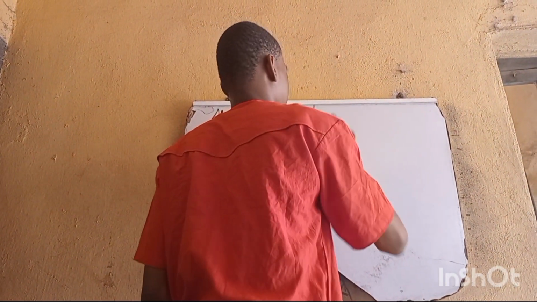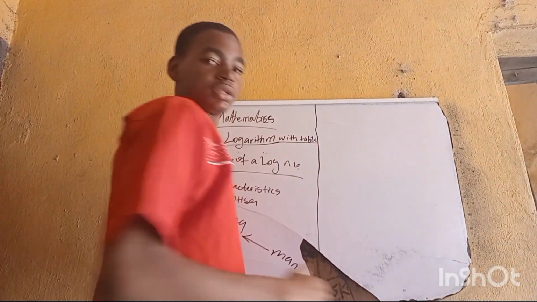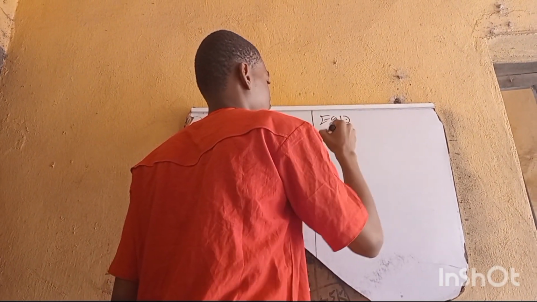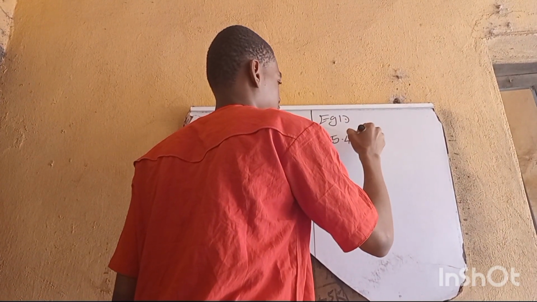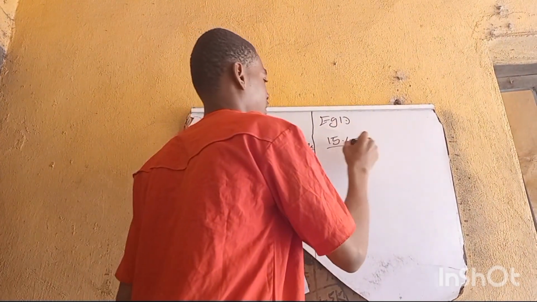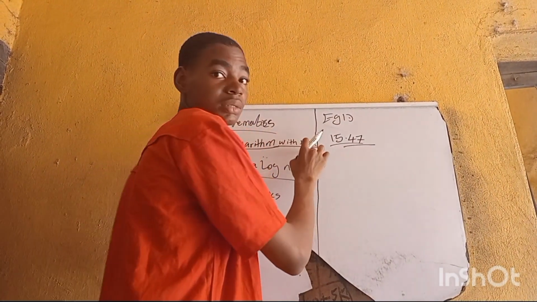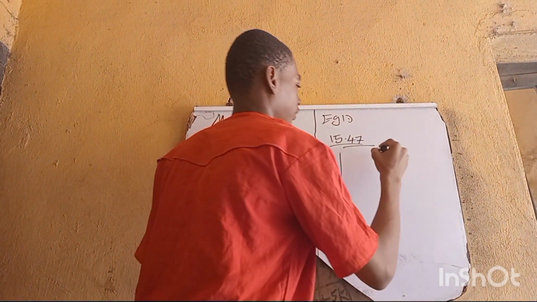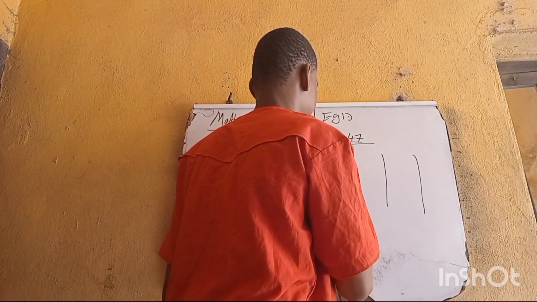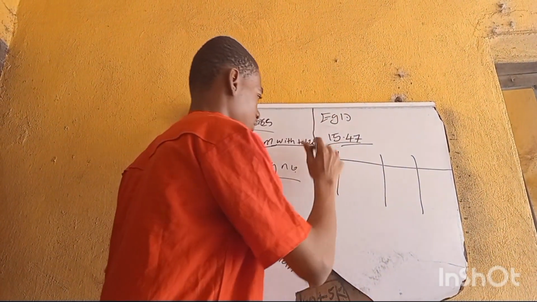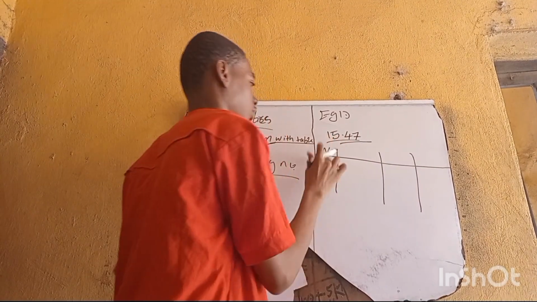Now let us take an example. Let us look for the logarithm of this number. The first example, look for the logarithm of this number 15.47. For us to look for the logarithm of this number, make a table. Since it's logarithm with table, you have your columns. We have 4 rows here. The first row is going to house the numbers.